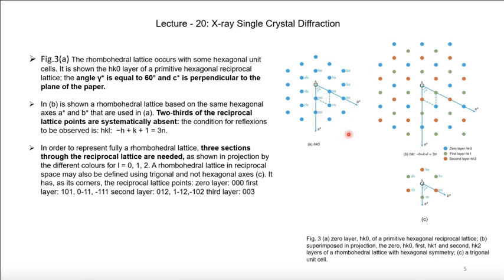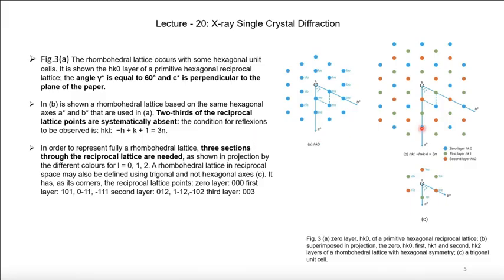Here we have superimposed three layers: zero layer, first layer, and second layer. And mind that from here we can find the systematic absence for this rhombohedral lattice. The rule is: minus H plus K plus L must be equal to 3n.